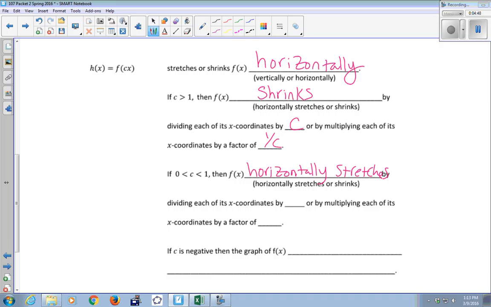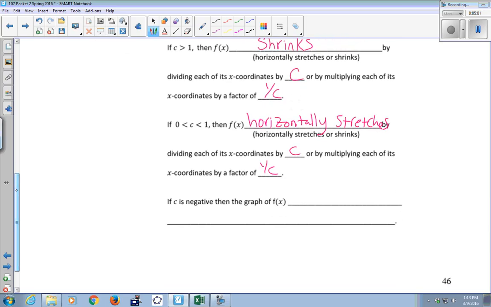It stretches by dividing each of the x coordinates by c, because dividing by a small number makes things bigger, or multiplying the x coordinates by 1 over c. Same thing. And what happens if c is negative? It reflects over the y-axis. Good.